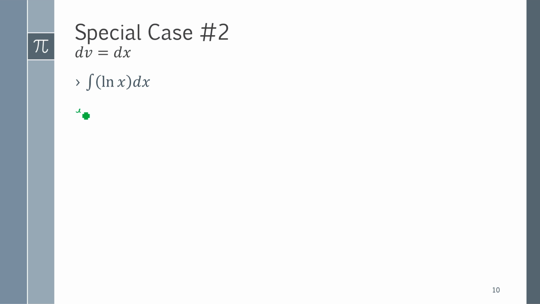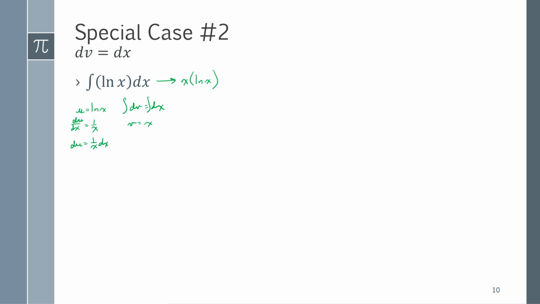So if I say that u is equal to the natural log of x and dv is equal to dx. If I integrate dv, I get that v is equal to x. Take the derivative of u and isolate the du. I get u times v, so x times the natural log of x.